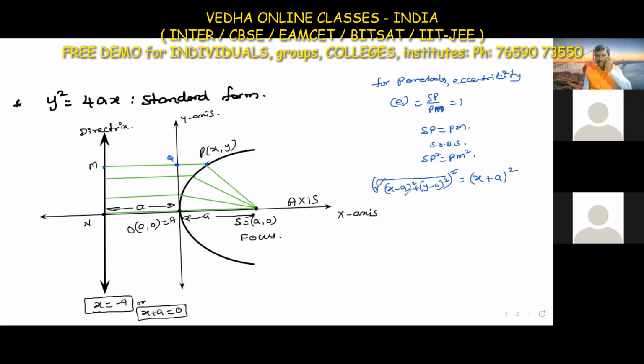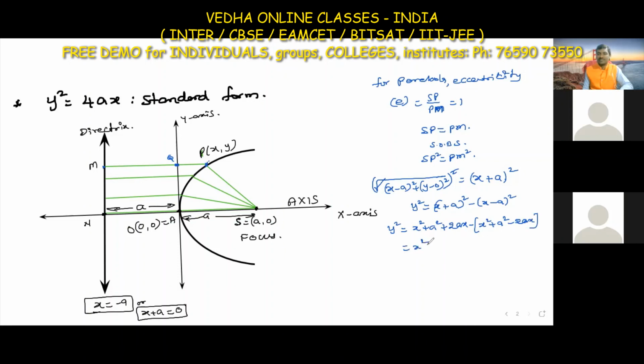I take (x minus a) whole squared to the right side. (y minus 0) whole squared is y squared, equal to (x plus a) whole squared minus (x minus a) whole squared. Applying the formulas (a plus b) whole squared and (a minus b) whole squared: x squared plus a squared plus 2ax minus x squared minus a squared plus 2ax.